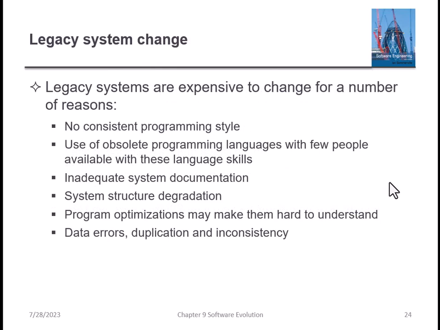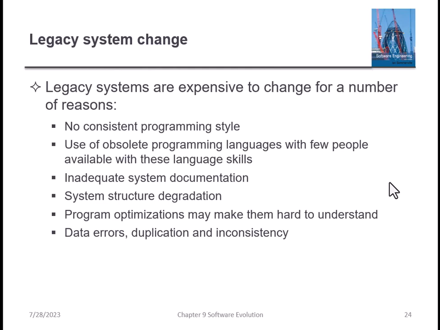Legacy system change. Legacy systems are expensive to change for a number of reasons. The first reason is no consistent programming style. Programming style depends on the developer. Every developer has their own style of writing code, so there is no consistent programming style and no standard is followed.